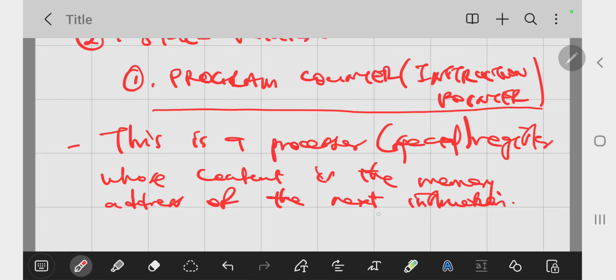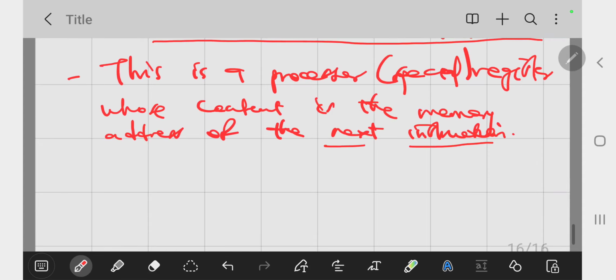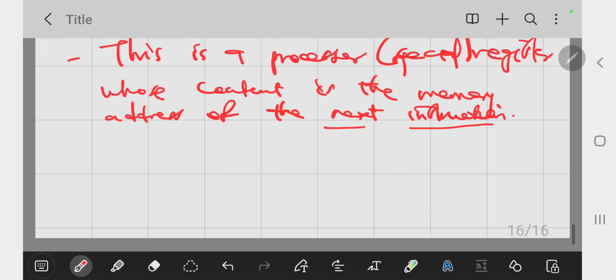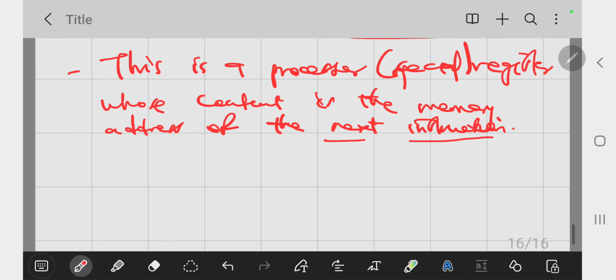This becomes important in anything we say about a program counter. It is always going to be pointing toward the next instruction. You will see this in the brief example we're going to look at at the end of the video. Basically, this is what a program counter is.